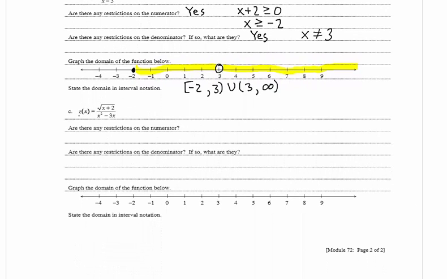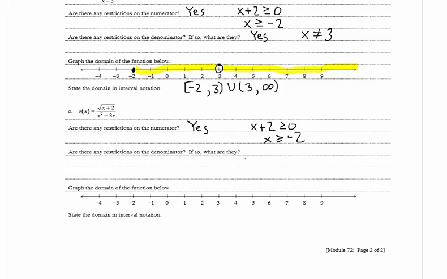In C, we have z of x is equal to the square root of x plus 2 divided by x squared minus 3x. First thing asked is, are there any restrictions on the numerator? And the answer is yes, because we have a radical. So x plus 2 has to be greater than or equal to 0, or x has to be greater than or equal to negative 2. And then it asks, are there any restrictions on the denominator?